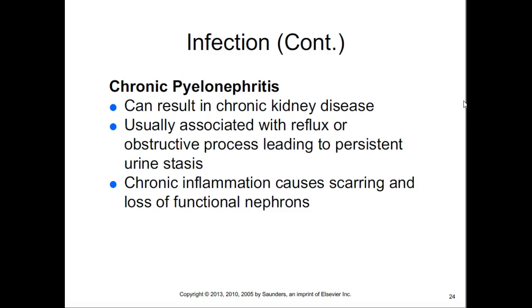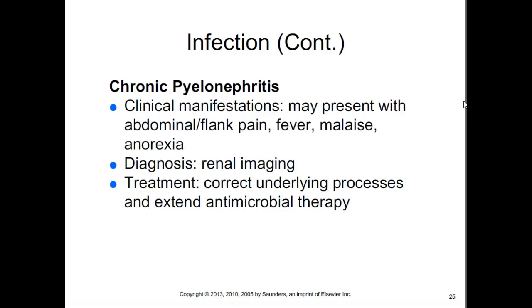It is associated with reflux or some obstructive process that leads to urine stasis. Chronic inflammation can also cause scarring throughout the ureter, and then eventually loss of functional nephrons as it ascends. Some of the clinical manifestations are abdominal and flank pain, fever, malaise, and anorexia.